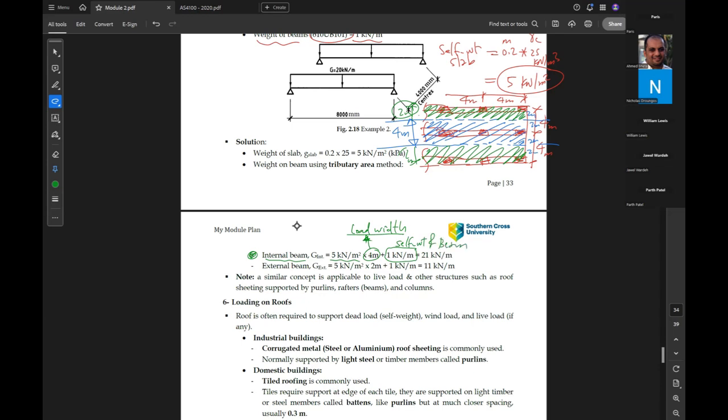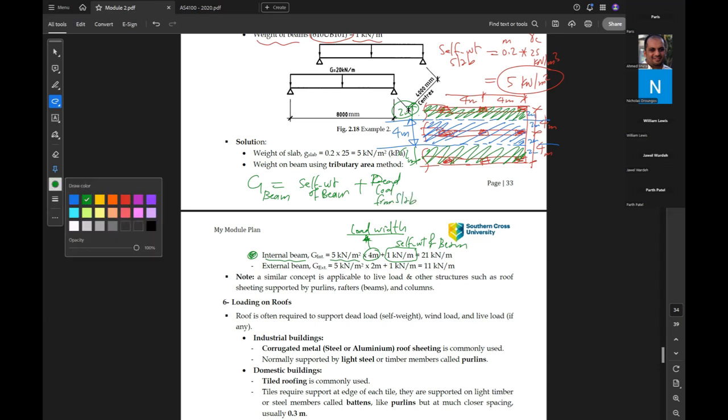1 kilonewton is the self-weight of the beam. So the general rule is G for beam will be the self-weight of the beam plus the dead load from slab, right? So self-weight of beam is equal to 1 kilonewton per meter. This is given. Plus, how much is the dead load from slab?